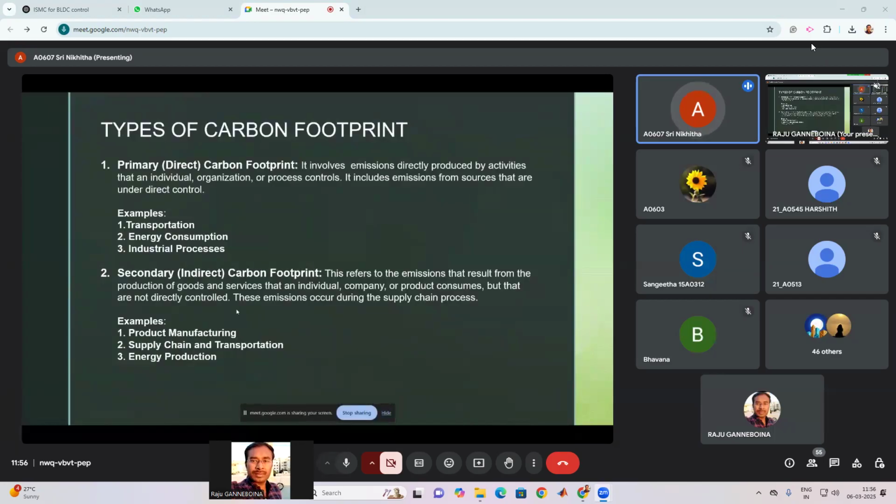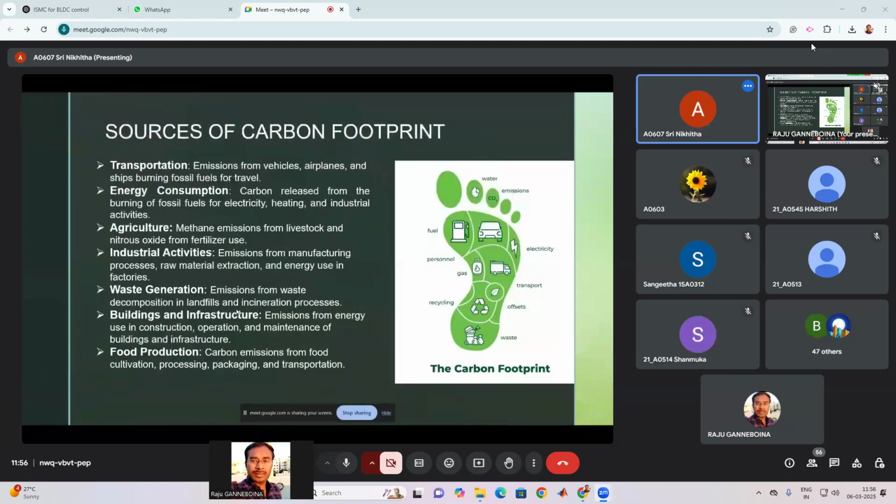transportation or energy production. And in this slide, we'll get to know the sources of carbon footprint, like from where these carbon dioxide emissions are produced. First is transportation, that is emissions from vehicles, airplanes, or ships which burn fossil fuels for travel.